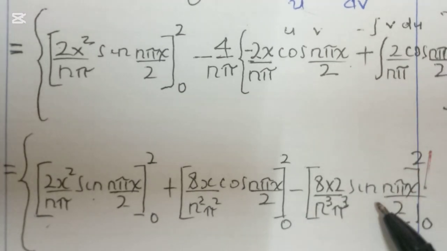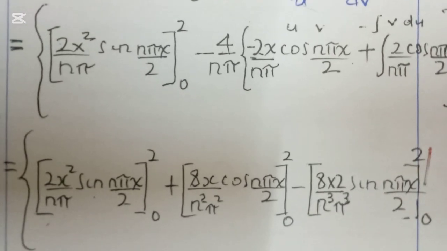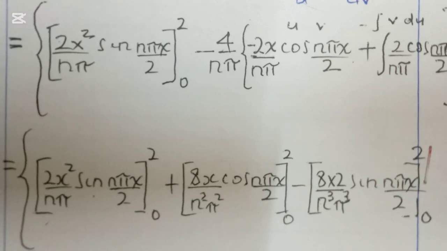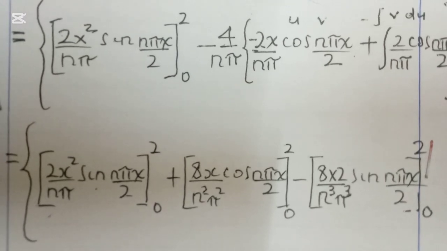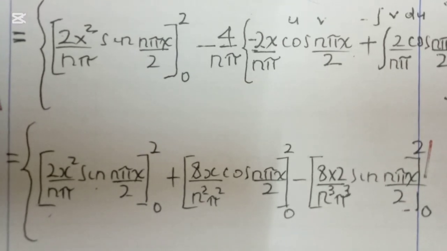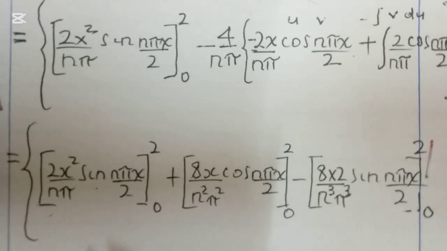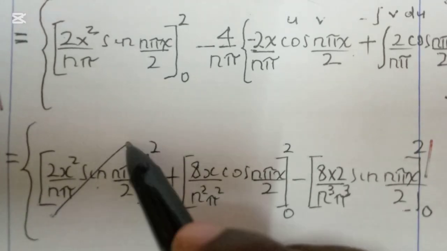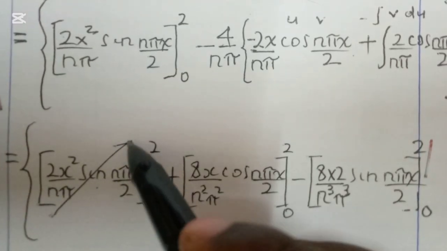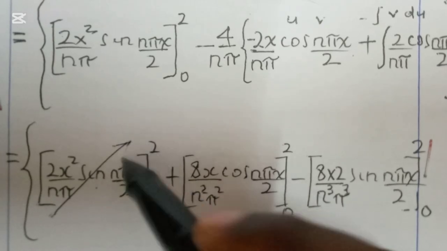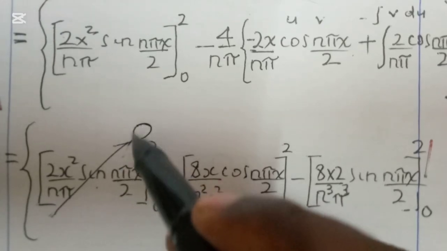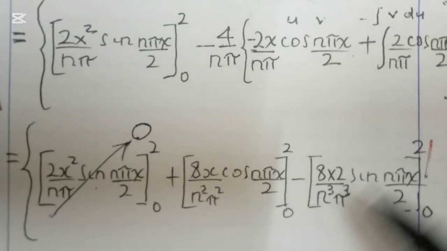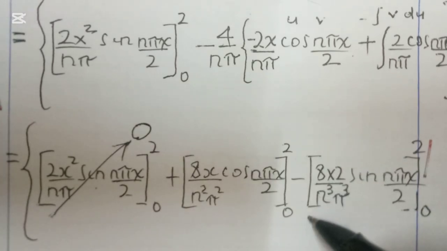You come to sine. When we arrive there, noting that this is a cosine Fourier series, these ones are going to be 0. For the sine term, it will become 0. So that one is 0, and this other term is going to be 0.